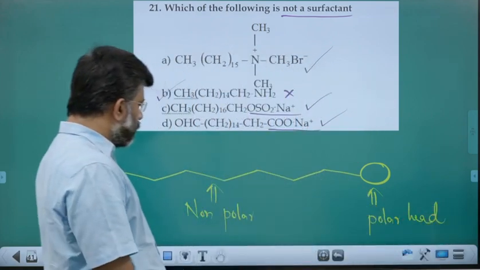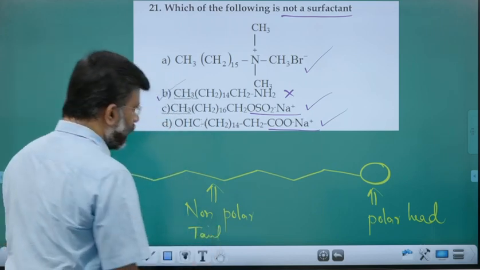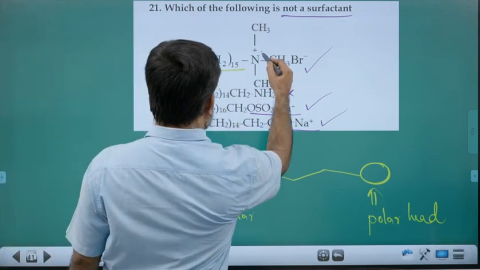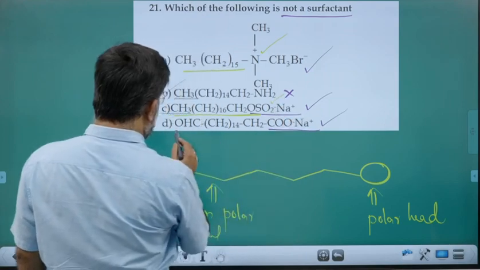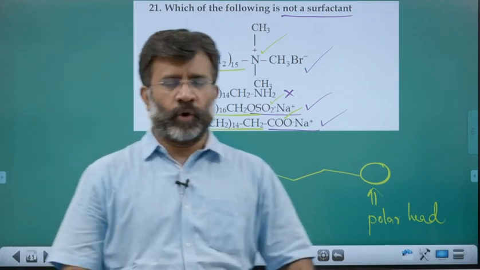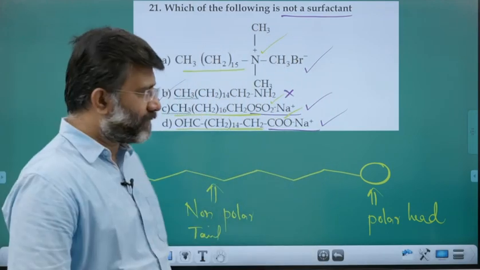This is a non-polar tail and a polar head. Such a scenario is not available in option B, and that is the answer. Next question.